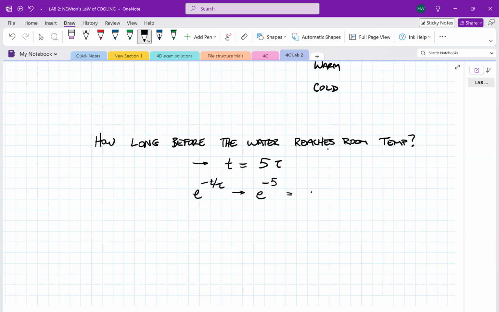If I am remembering, it's something like, I can't remember if it's two or three zeros. I think it's two zeros, which means that it's 0.7%. In other words, what you have left over encompasses 99.3% of the temperature drop.